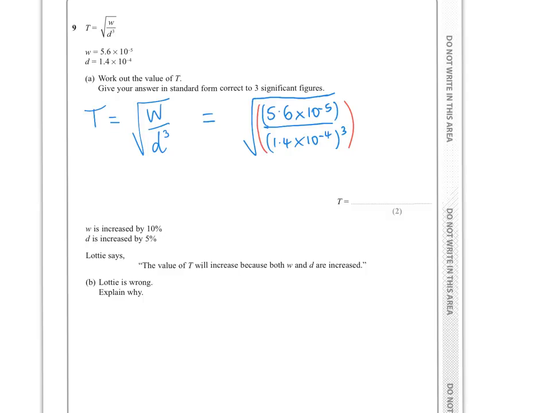Type in 5.6 times 10 to the power negative 5. Close a bracket. Divide, open a bracket for the denominator now, and type in 1.4 times 10 to the power negative, let's get this right, 10 to the power negative 4.